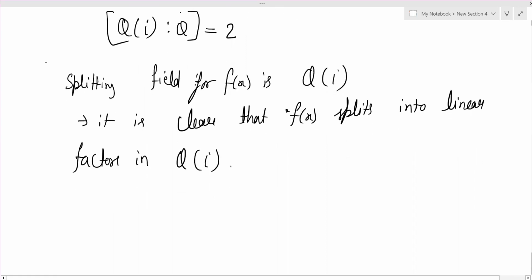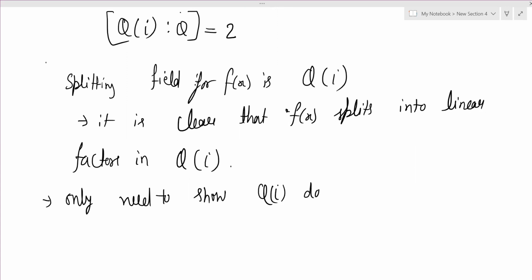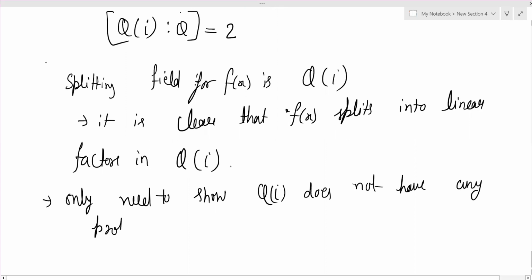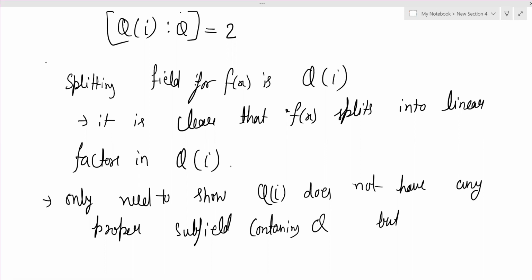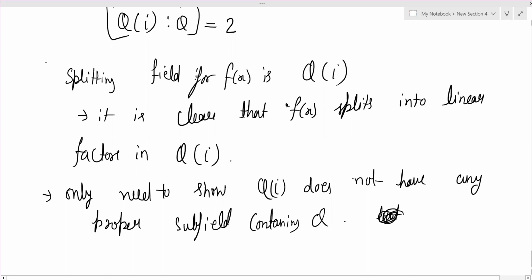So now we only need to show that Q(iota) does not have any proper subfield containing Q in which f splits.